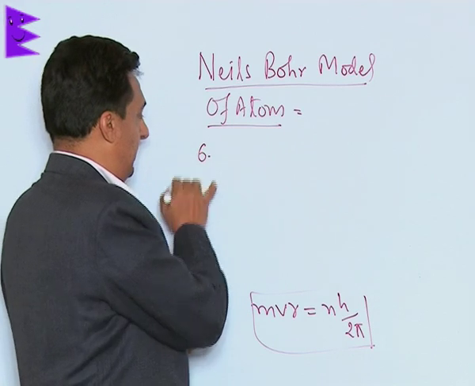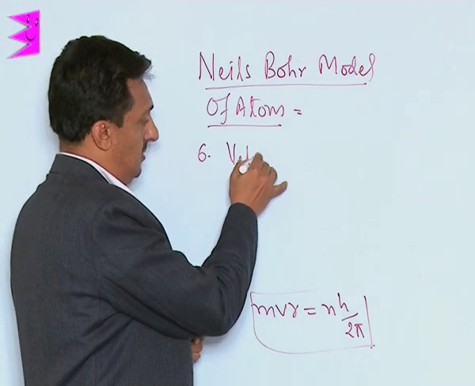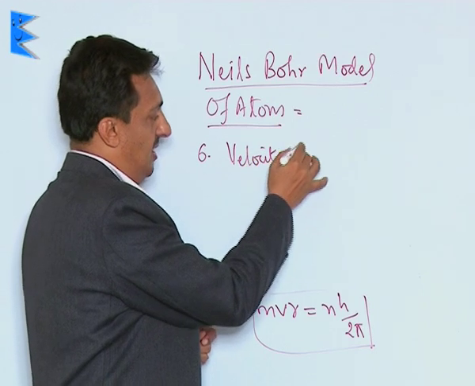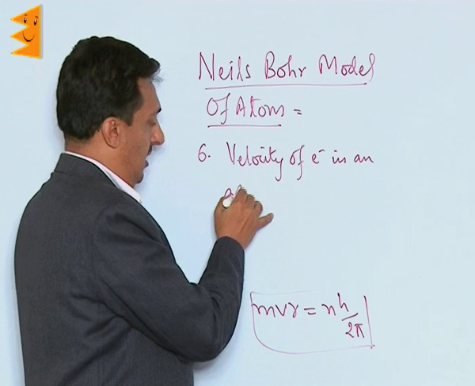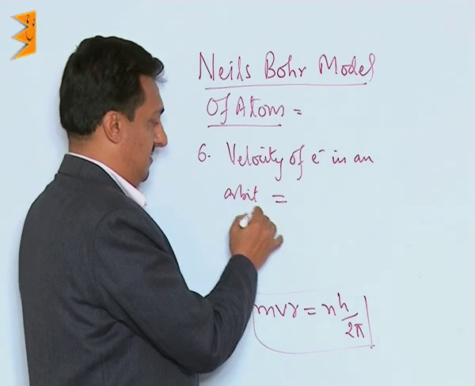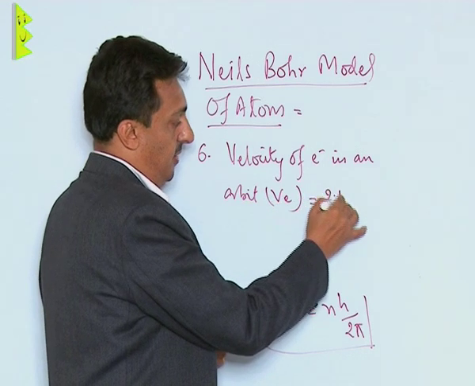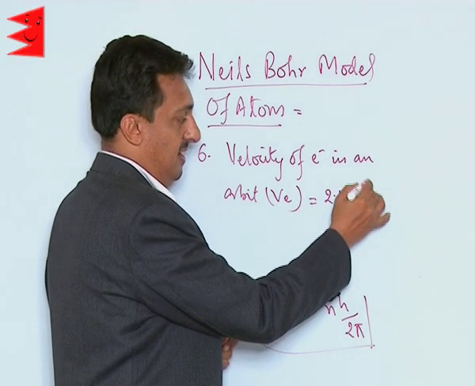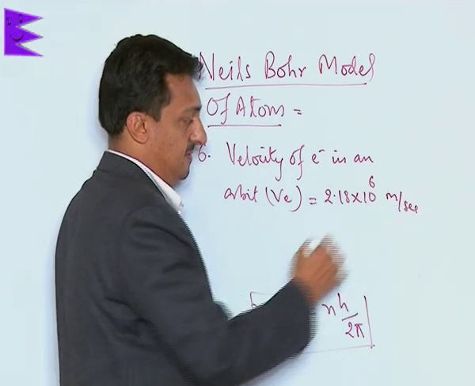The next postulate talks about this: the velocity of electron in an orbit is given as 2.18 into 10 to the power 6 meters per second.